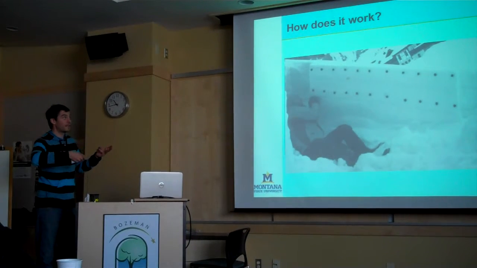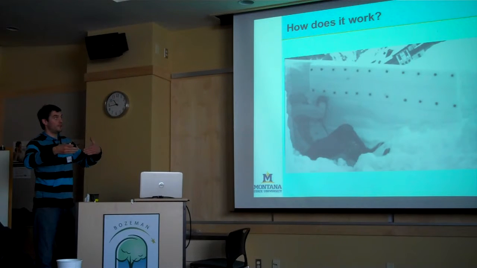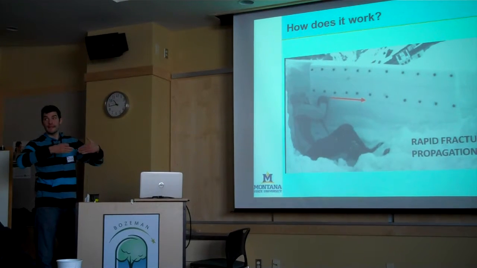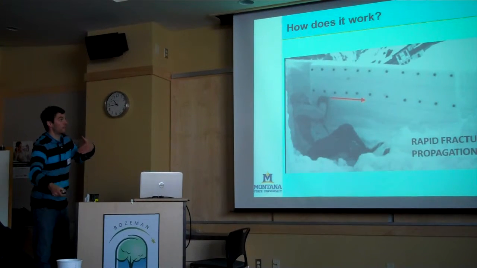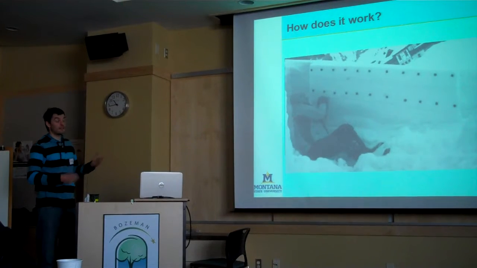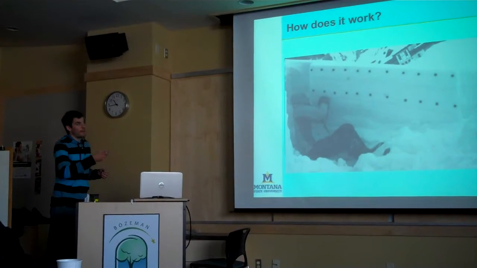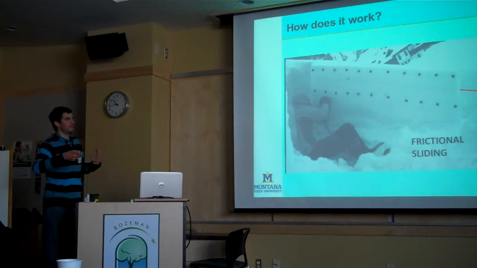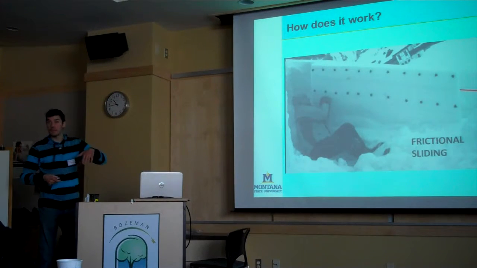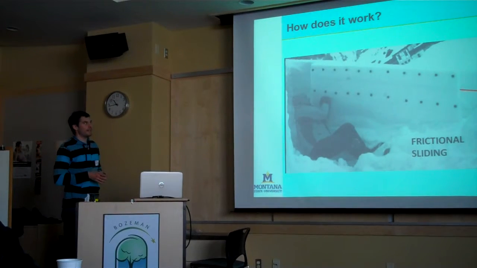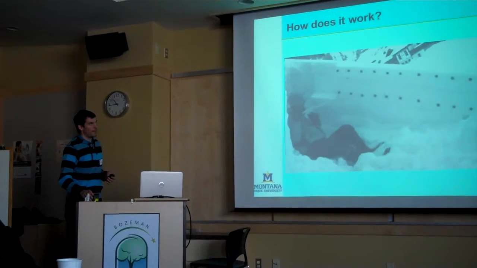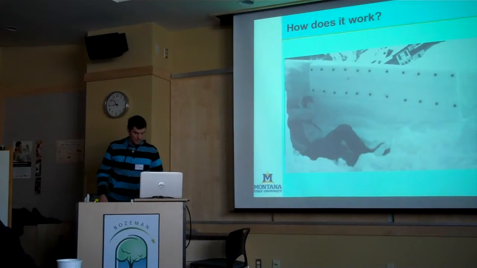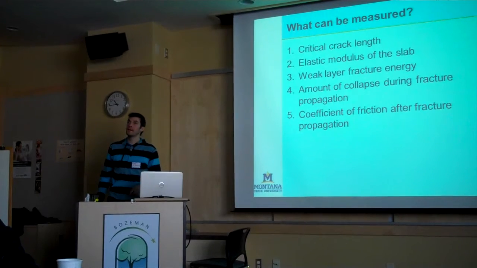That initial crack you're making with the snow saw until you reach that critical size. Then it propagates rapidly through the beam. It doesn't always do that, obviously. You don't really see that here because it's too fast. And then if your slope is steep enough, it might slide down, as it does here.